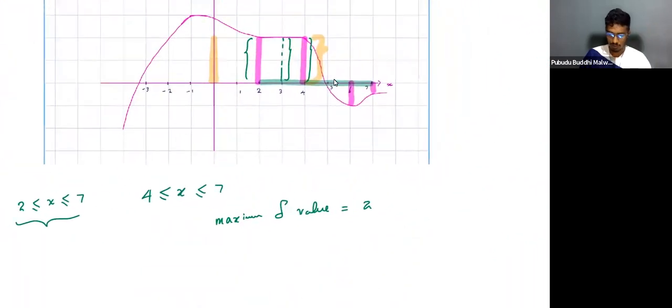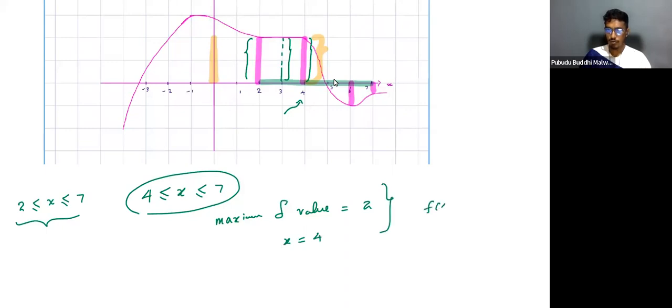But we are talking about this interval. I think when x equals 4. So we can summarize this idea: f of 4 equals 2, and that's the maximum value, right?